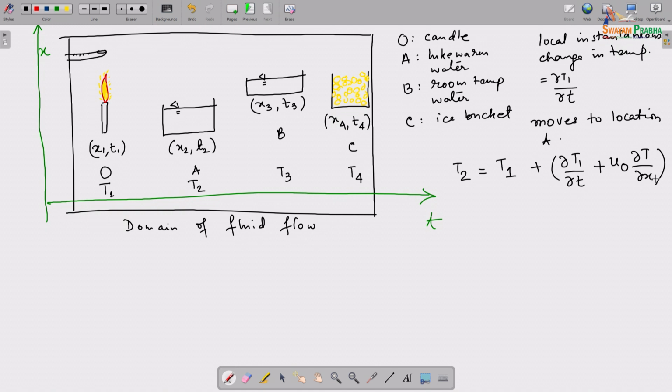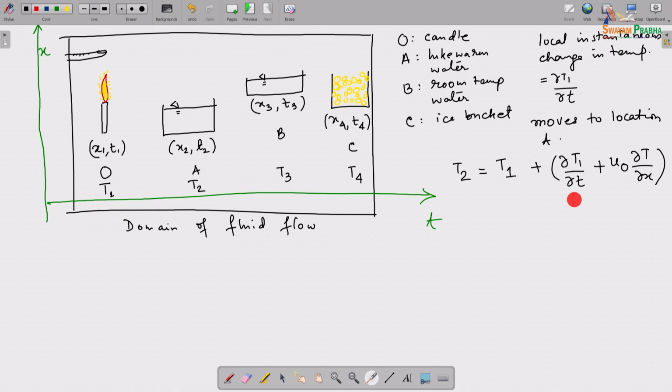So, if that is the total change, then initially my finger's temperature was T1, and then I moved my finger through the candle, due to which there was an instantaneous change.